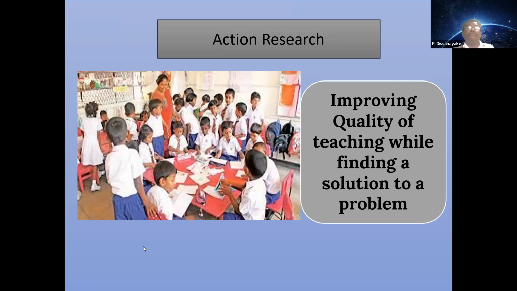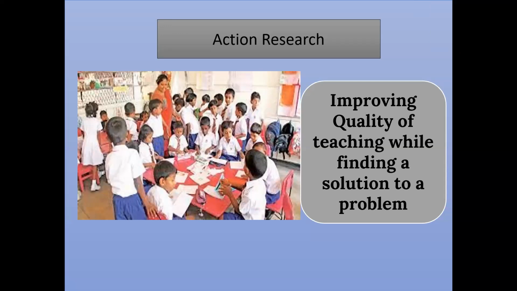They are doing group work, I am also helping them. Why can't they read? How can I improve their reading skills? When a solution is found within the classroom context, you improve the quality of your teaching.